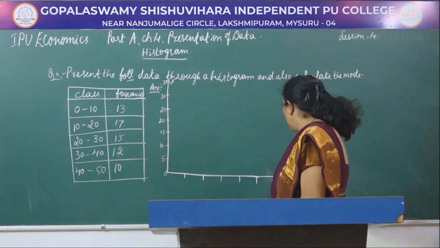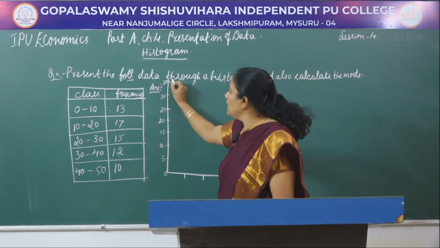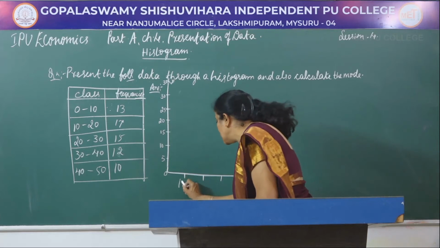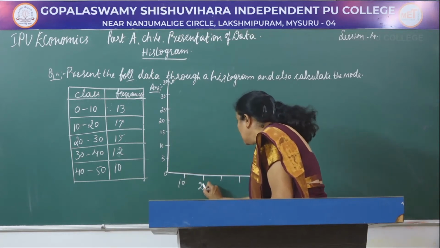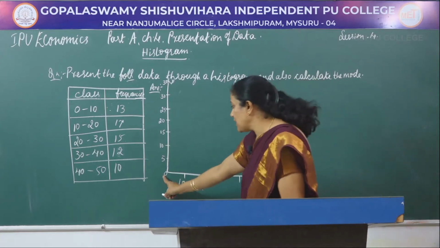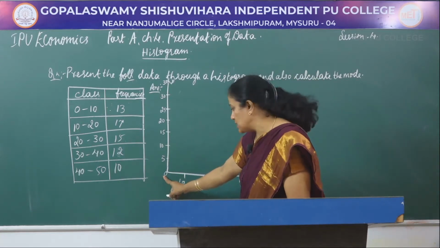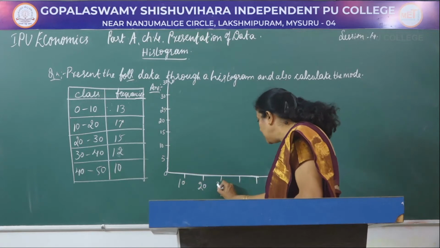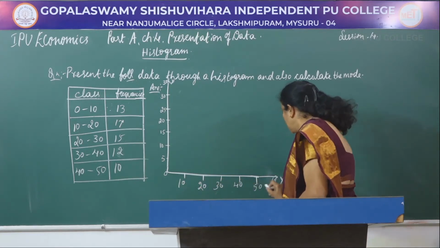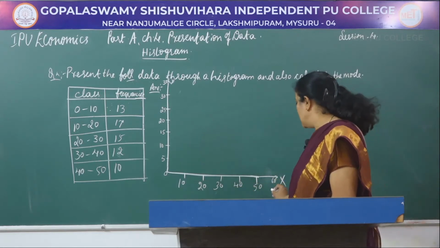The horizontal line is the x-axis and here we have the y-axis. On the x-axis we are marking the class intervals, that is the lower limits of the class intervals. First we have marked the origin, that is 0, then 10, 20, 30, 40, 50 and 60.